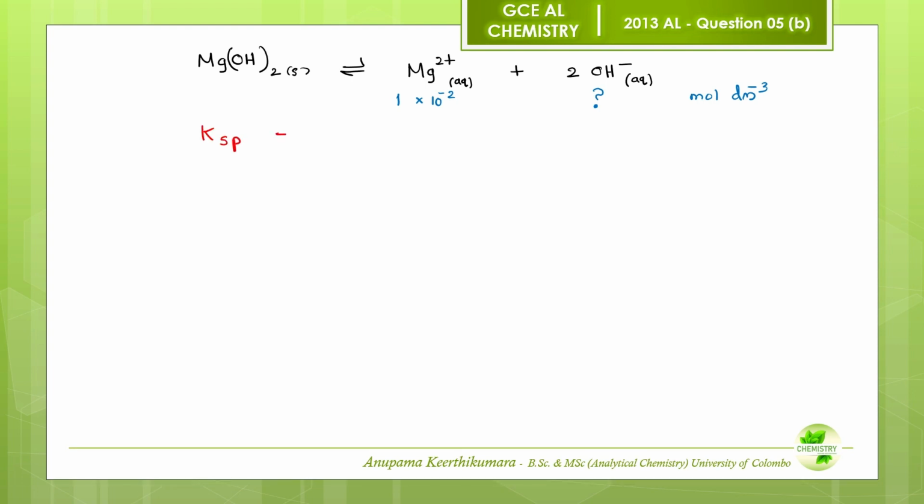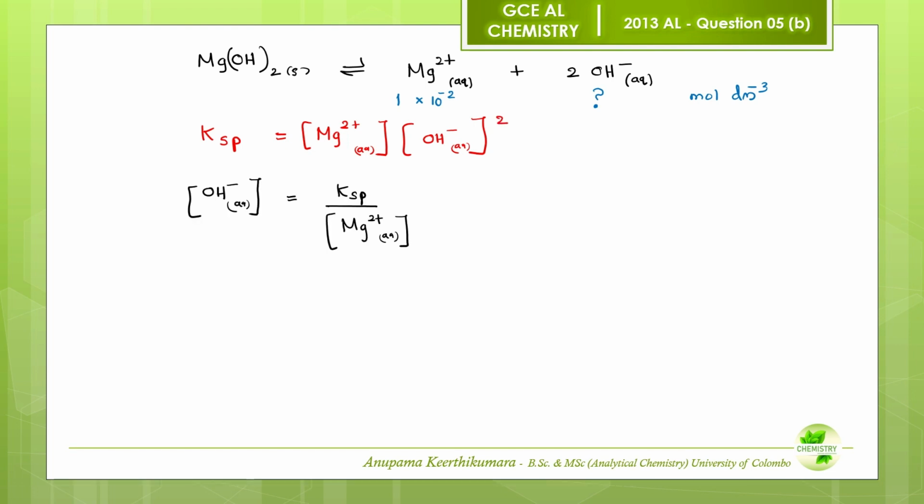Ksp equals magnesium 2 plus ion concentration times OH minus ion concentration to the power 2. OH minus ion concentration equals the square root of Ksp divided by the magnesium 2 plus ion concentration.